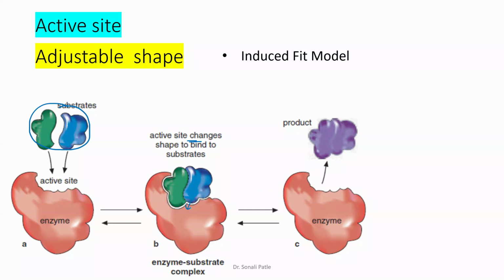So even if it is not exactly specific for that and has a little change in shape, it can adjust its shape so that it can fit and convert the substrates into the product. So these are the two models of enzyme activity.